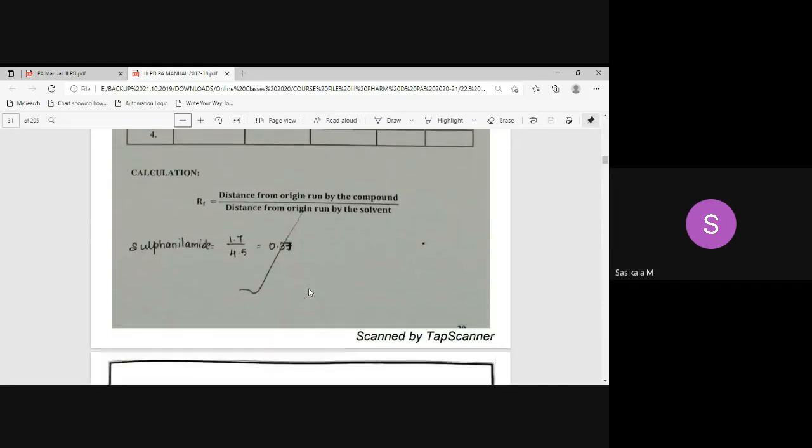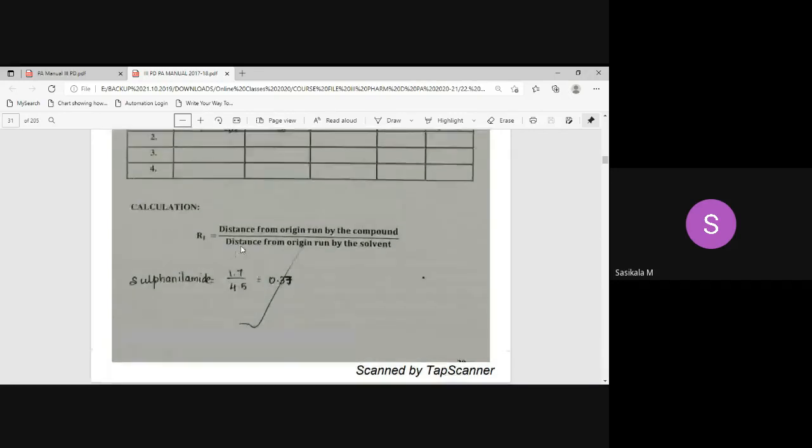Then do the calculation by dividing 1.7, or whatever reading is closest to the standard. If you increase the distance of the solute travel, the RF value will decrease. Keep the solvent distance the same, 4.5 only, since it is to be kept constant.